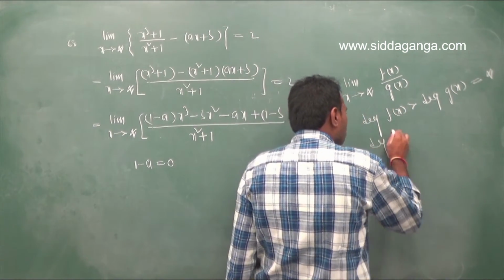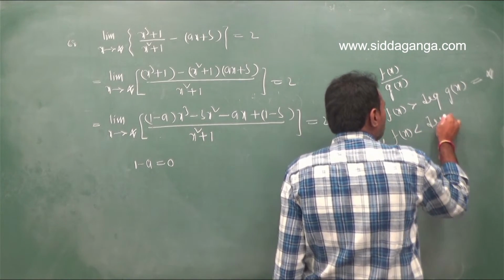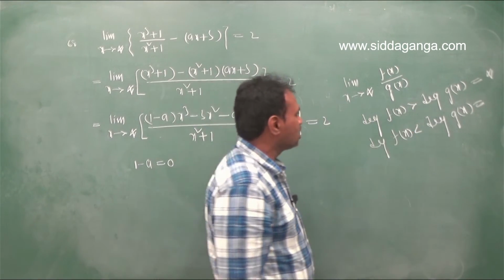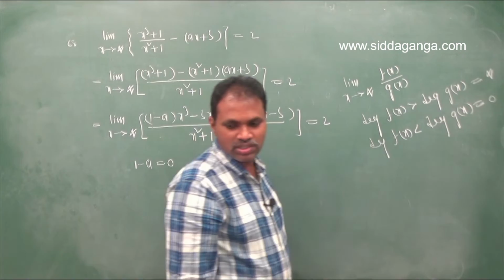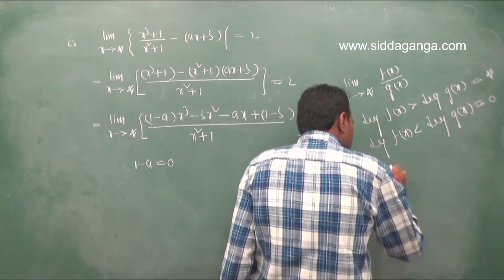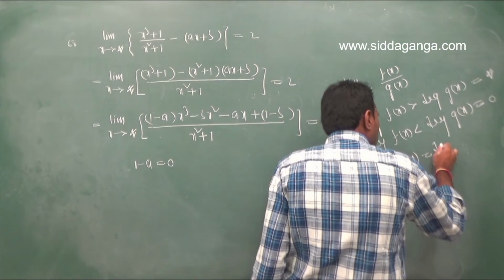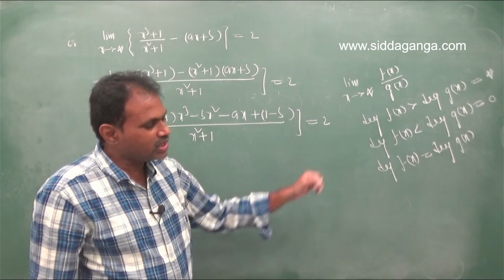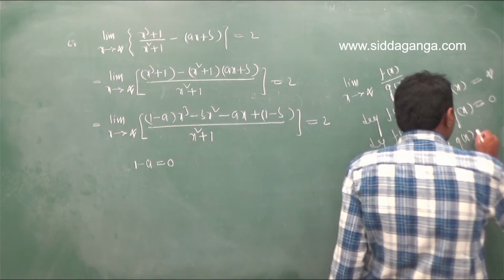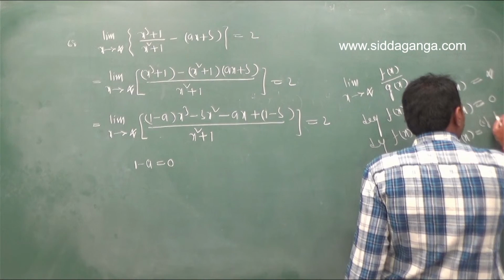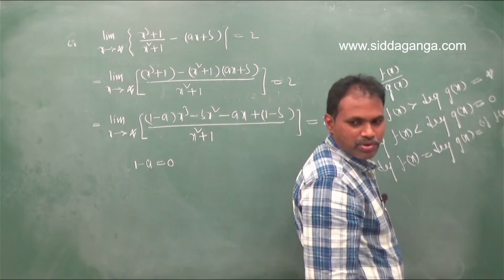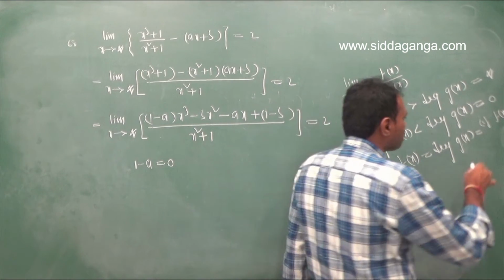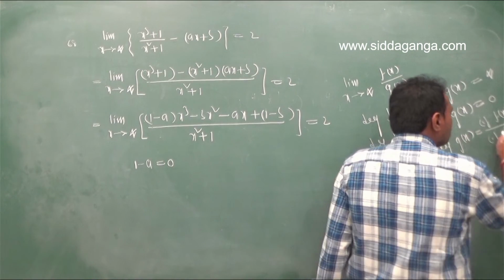If the degree of f of x is less than the degree of g of x, the result is 0. If the degree of f of x is equal to the degree of g of x, the result is the coefficient of the highest degree of f of x divided by the coefficient of the highest degree of g of x.